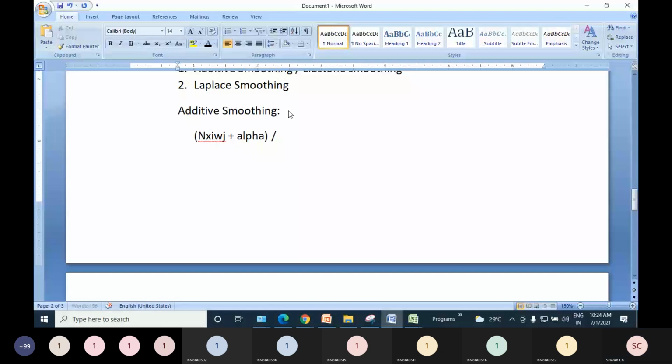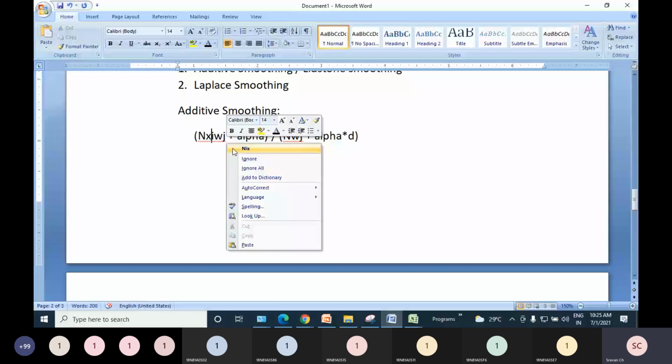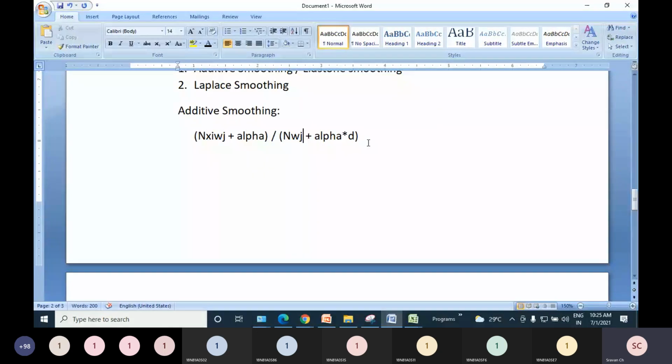Divided by n(wj) plus alpha into d. This is the standard formula for additive smoothing. So n(xi, wj) plus alpha divided by n(wj) plus alpha into d. So what is this n(xi, wj)? What is n(wj)? What is this alpha? We will slowly write it down.